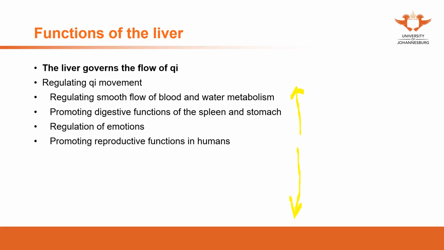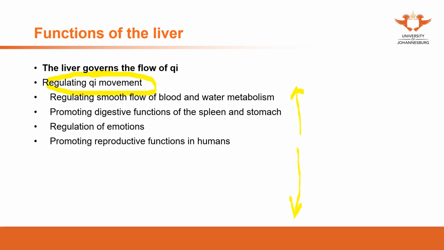This function is achieved with the assistance of the liver, regulating qi movements. As you can see, when we studied the heart, we mentioned the heart function only. Then when we talked about the lung, some of the lung's functions were linked with the heart function, such as the pectoral qi assisting the movement of the blood.